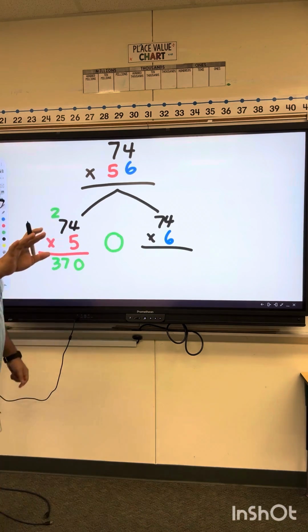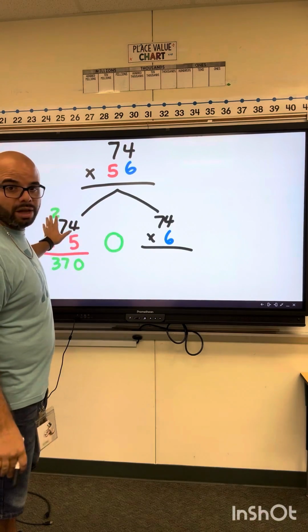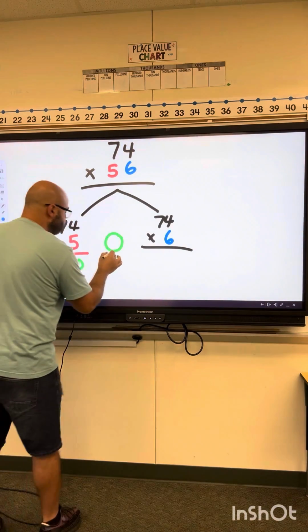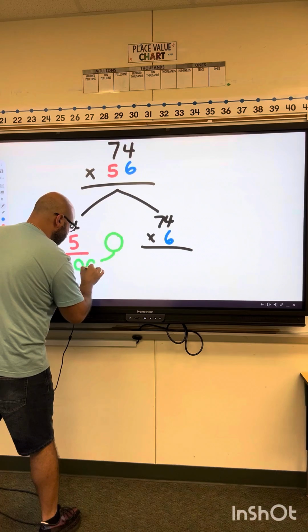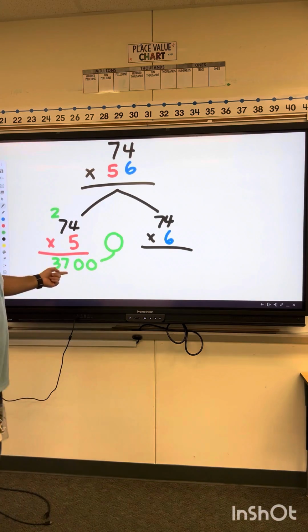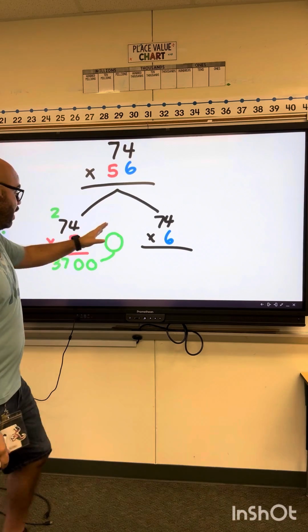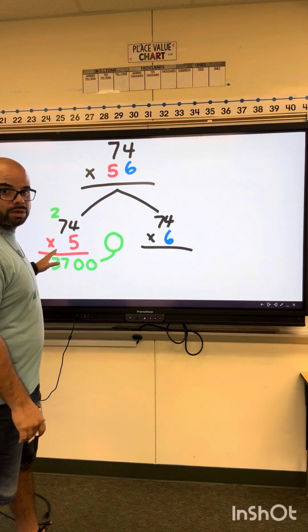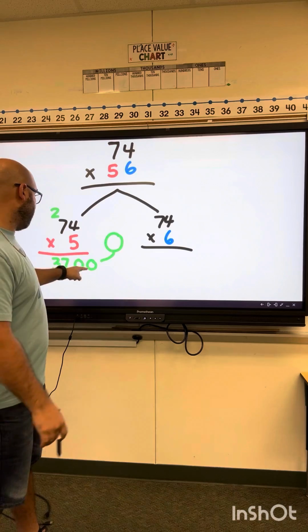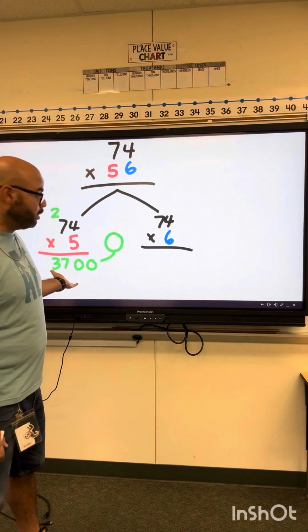Now this is the tricky part. Once you finish the left side, you have to add that 0 to the product of this left side only. Only the left side. You add that 0. So now, your answer is 3,700.